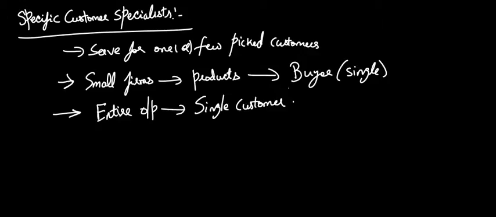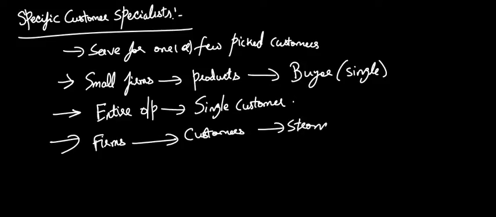A single customer buys the entire output, so these firms depend on customers in a very strong manner, because since they have one or very few customers, even losing these customers will result in the firm getting closed and losing business.